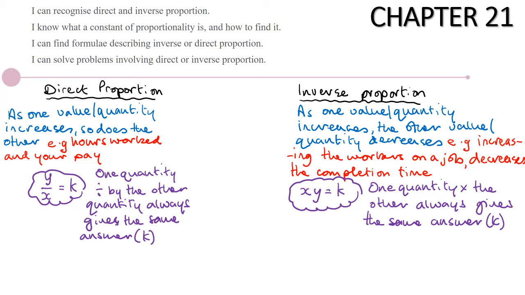Well, direct begins with D, and it's about dividing one quantity by the other, whereas the inverse is about multiplying. I can't think of really a way of remembering it.